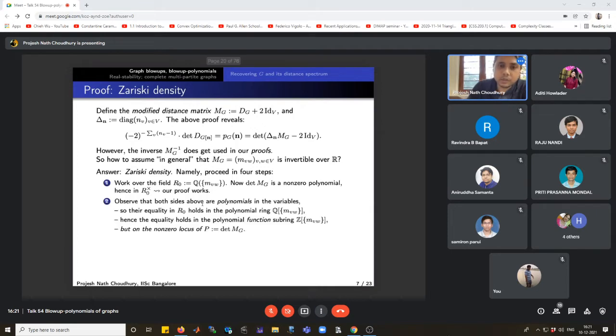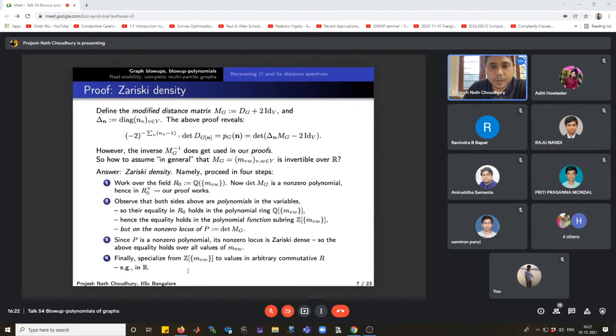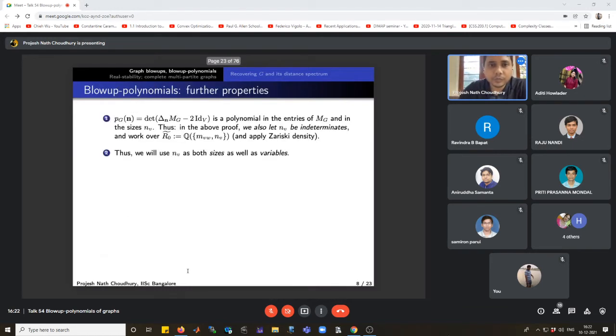So if these polynomials agree on the non-zero locus of this polynomial, then they agree everywhere. So this is exactly what is written here, this step. Okay, maybe I'll skip this step. Zariski density is a powerful technique. As you see there, you can ignore the notion of invertibility and work over a commutative ring.